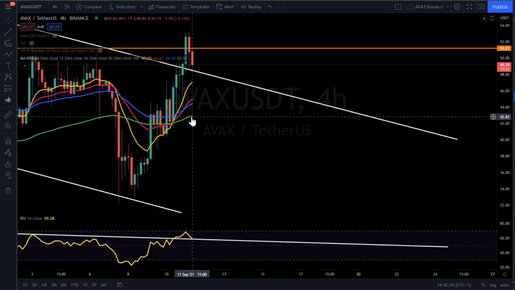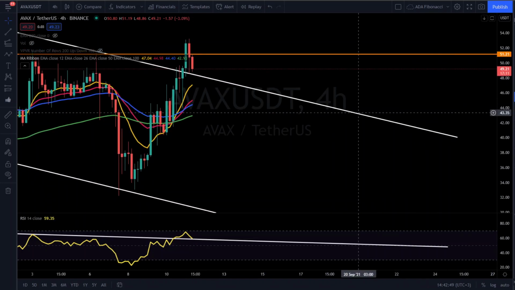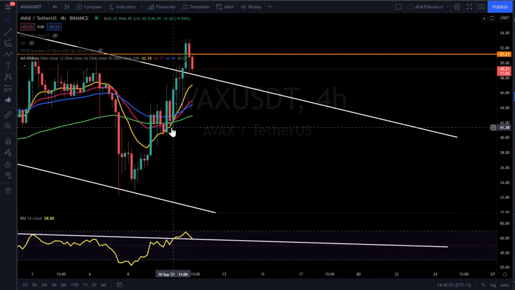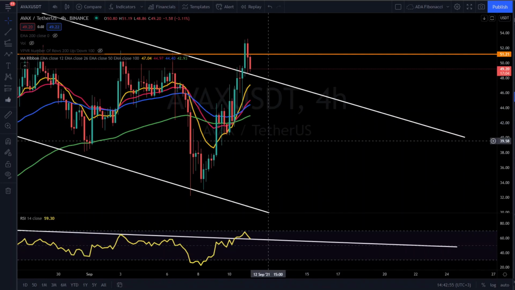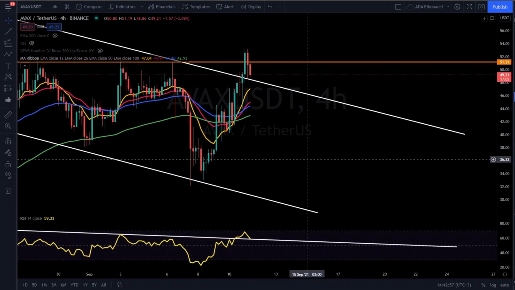And just a reminder, the perfect long setup comes when the shortest one is at the top and they go down in order. So 12, 26, 50, and 100. So we have a perfect setup for a long position on the EMAs. That was the third thing that needed to happen, and it has happened.